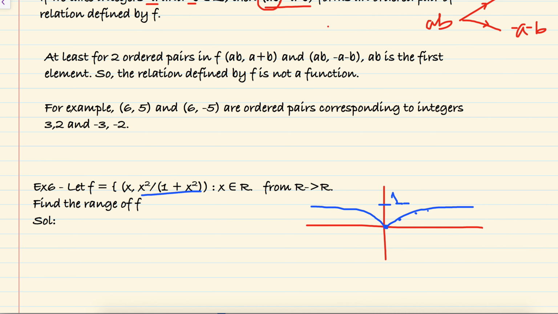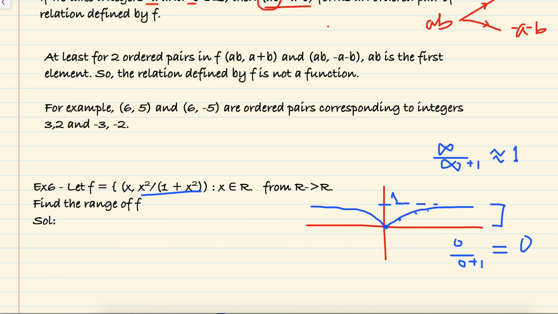At infinity, it will be infinity divided by infinity plus 1, so nearly equal to 1. At 0, it's 0 by 0 plus 1. So it takes values only in the range 0 to 1, but never equal to 1.